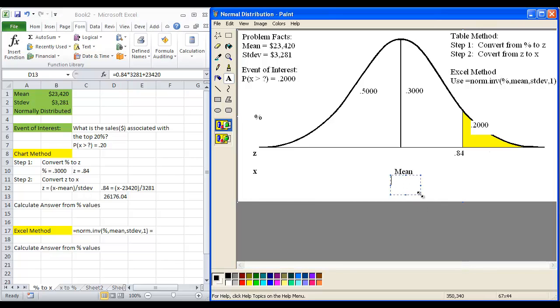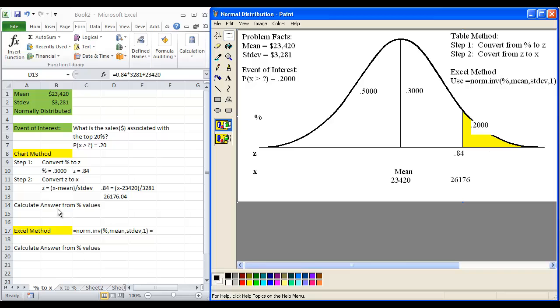Now, does that make sense? Well, we said that our mean value was 23,420. So is that larger than 26,176? So our value for our z-score and for our top 20% is 26,176.